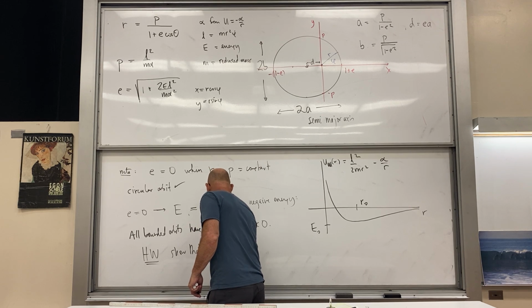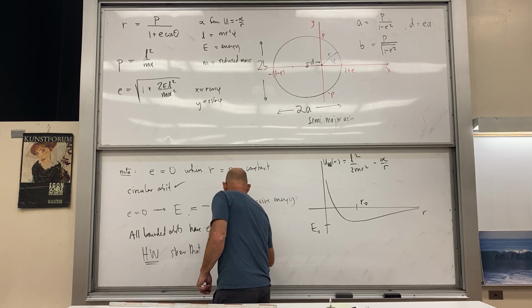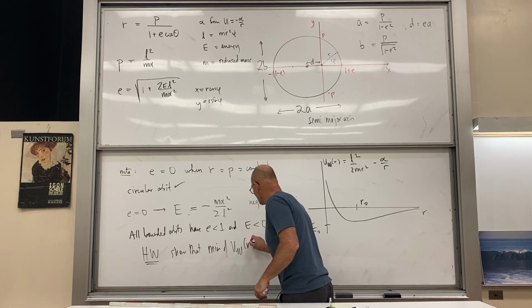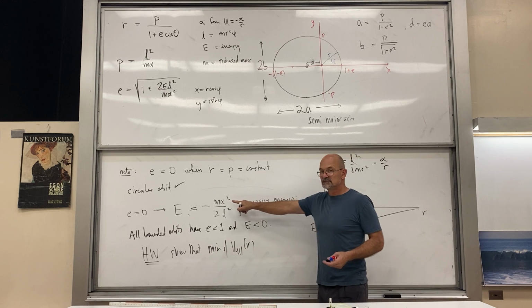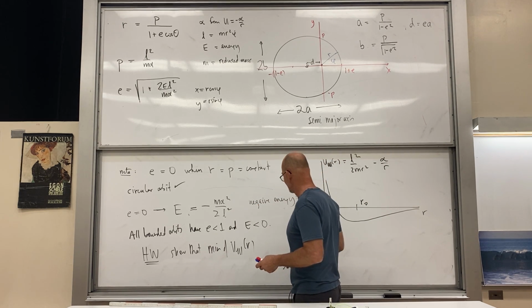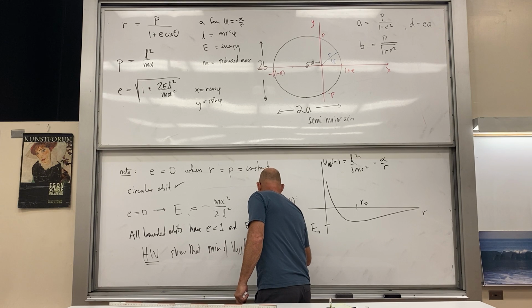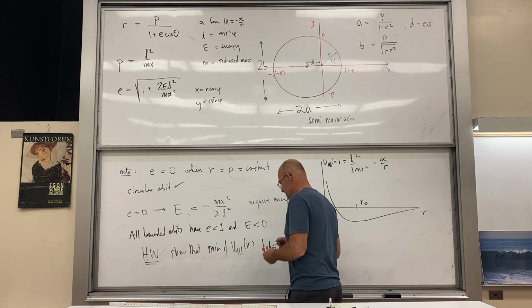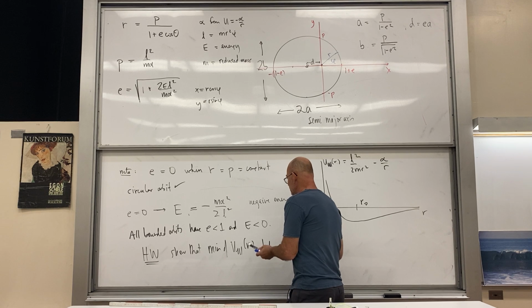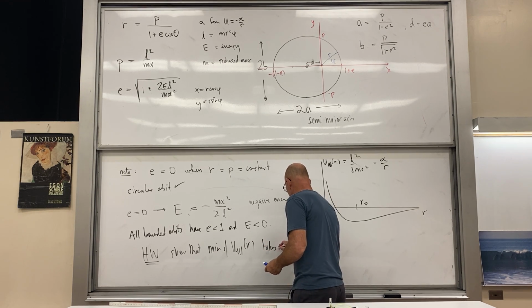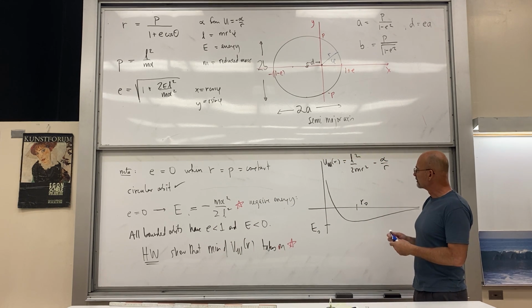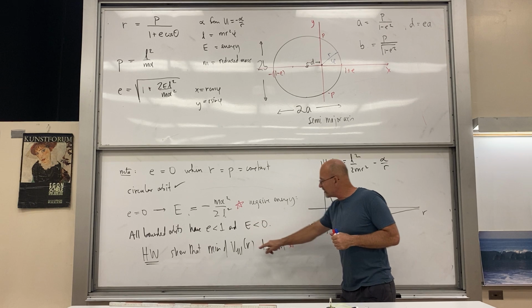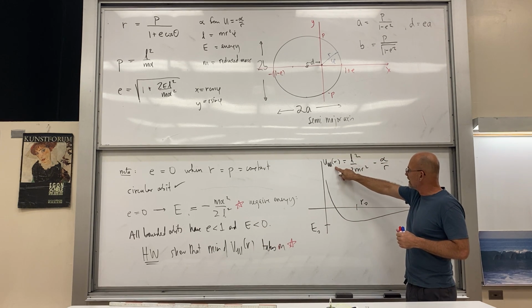Show that the minimum of U effective of R takes on this value. Yeah, it's a consistency check. Value of star. Okay. And of course, we're going to have that minimum when U effective prime is equal to 0.